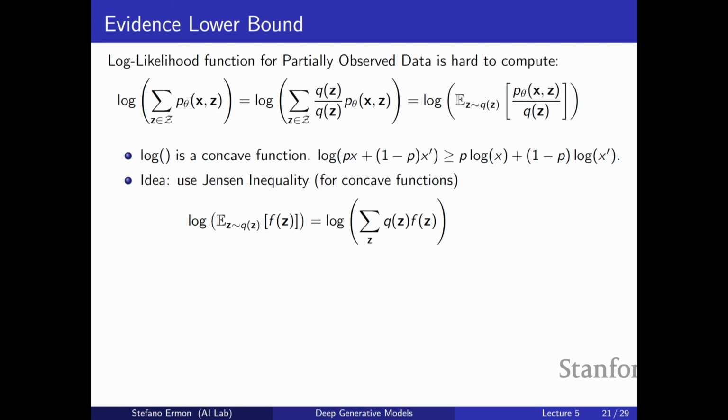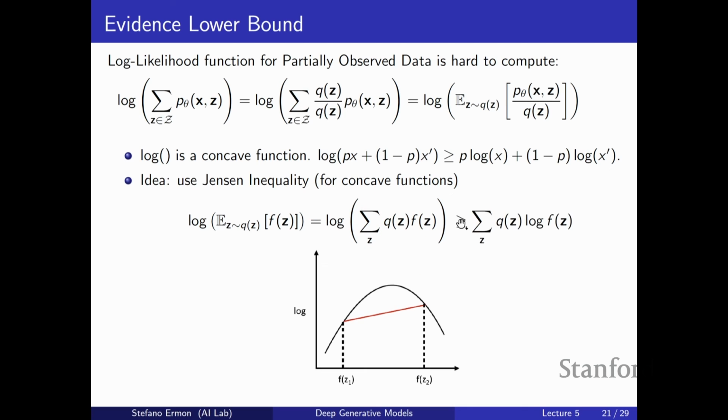There is this thing called Jensen's inequality, which says that the logarithm of the expectation of some function, any function, which is just this quantity here, is at least as large as the expectation of the log. The picture is, again, you have a log, which is a concave function.